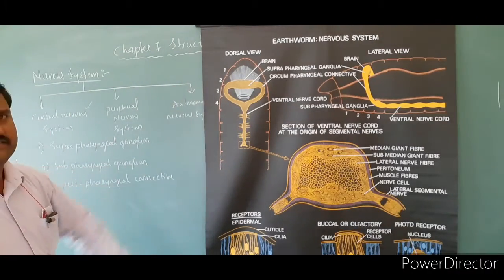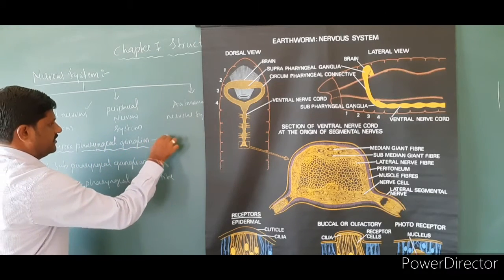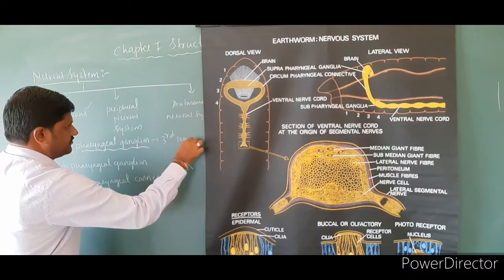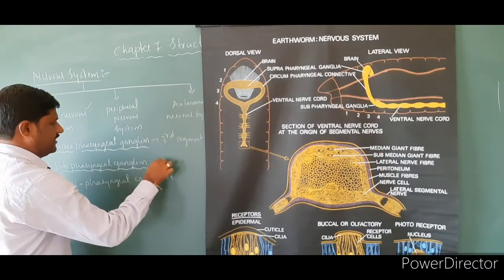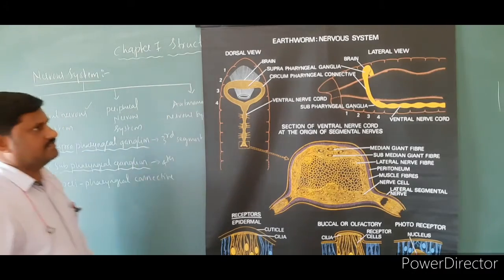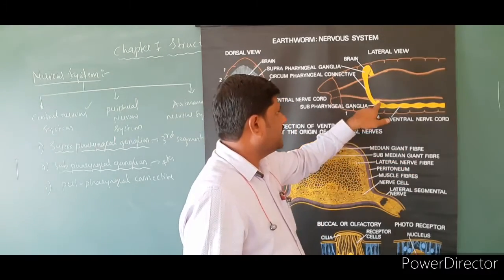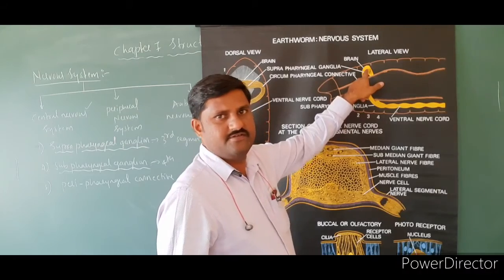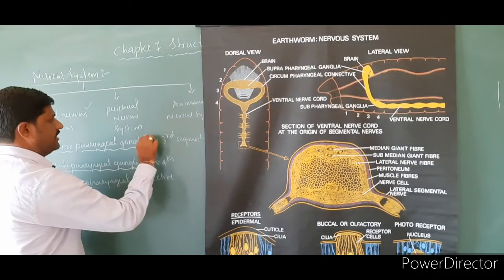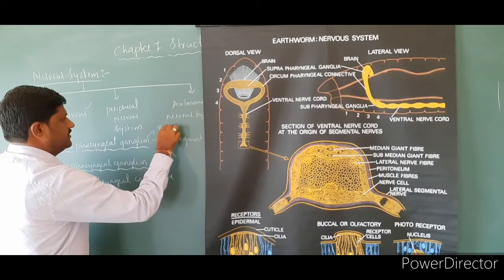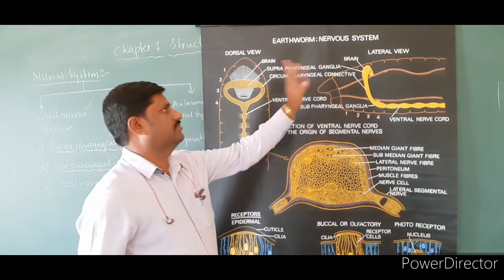It consists of these three. The suprapharyngeal ganglion lies in the third segment. The subpharyngeal ganglion lies in the fourth segment. In the same way, this suprapharyngeal ganglion is said to be the brain of this animal, right?